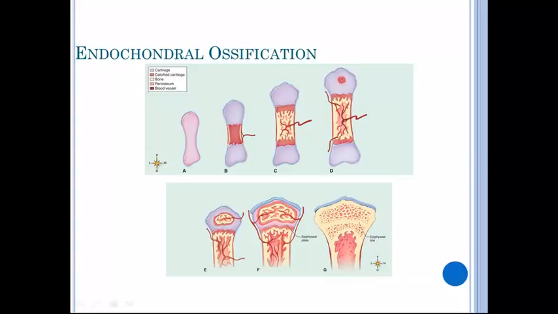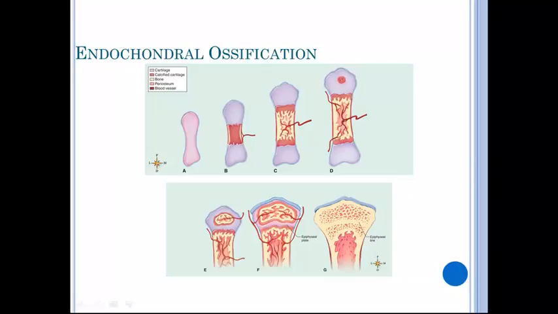In D, you see the centers of ossification, which also appear. So that's the pinkish color here, that's the ossification in the epiphyses ends, so you can start to see in the epiphyseal ends the ossification start of the bones.